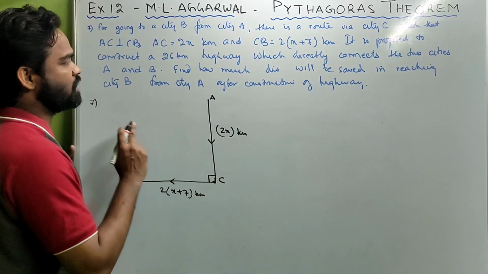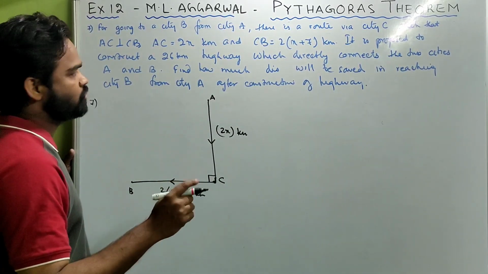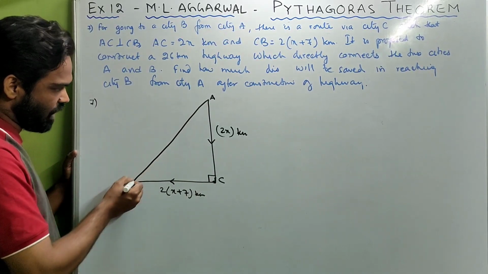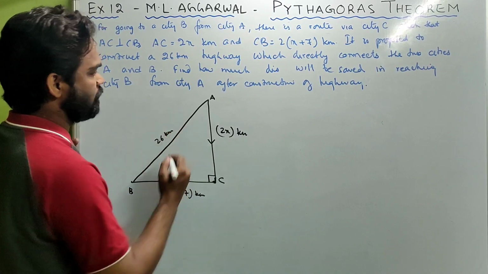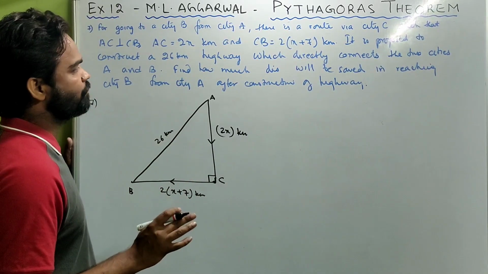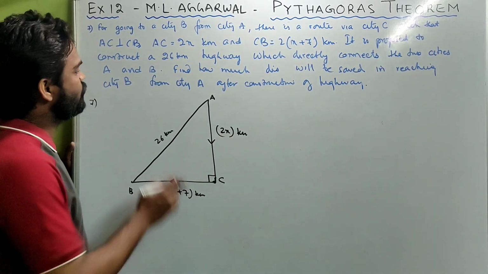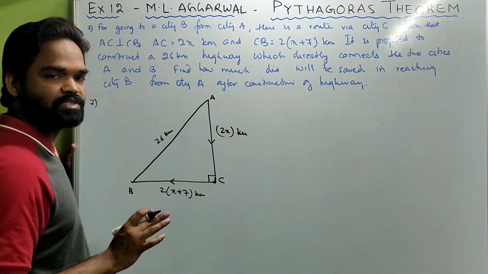It is proposed to construct a 26 kilometer highway which directly connects the two cities A and B. Find how much distance will be saved in reaching city B from city A after this highway is constructed.